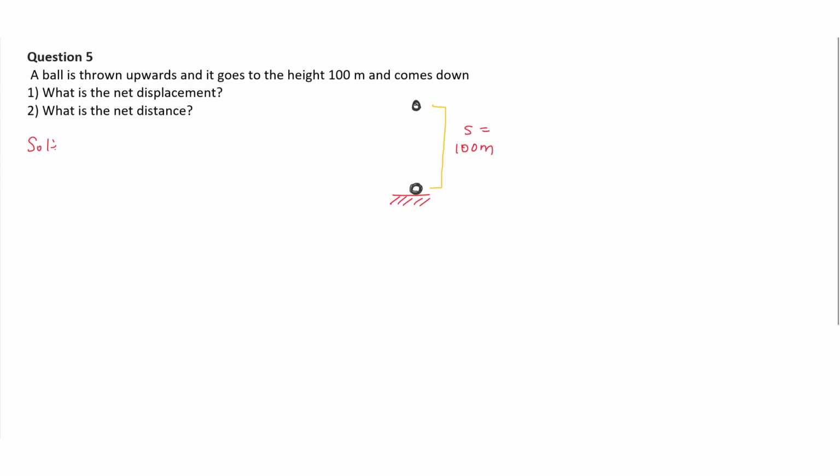So the object has to go up as well as come down. Okay. The net displacement is zero because the initial and final positions are same.